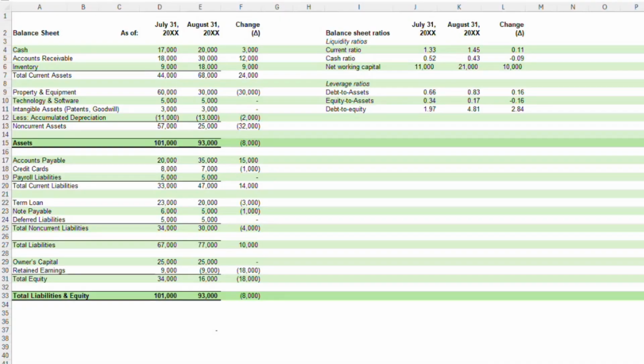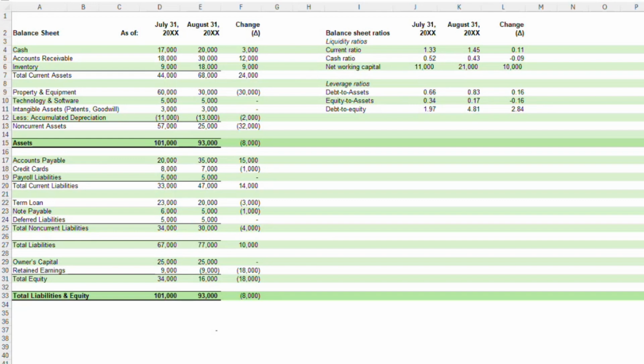Okay, so the first one that I want to talk about, I've updated our August 31st balance sheet a little bit to handle this, but one of those areas that you've got to be concerned with is going to be increasing receivables. So increasing receivables can be a problem, and there are always exceptions to the rule, right?